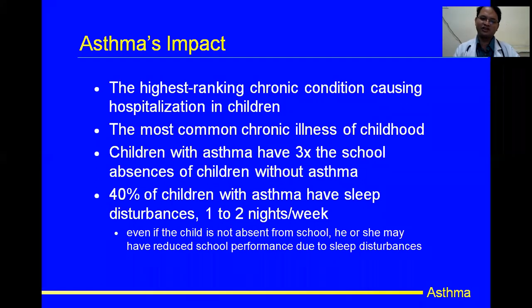And among the children, 40% with asthma have sleep disturbances, about 1 to 2 times per night in a week. And even if the child is present in school, he or she may have reduced school performance because of the sleep lacunae.